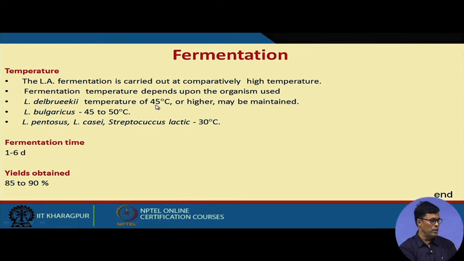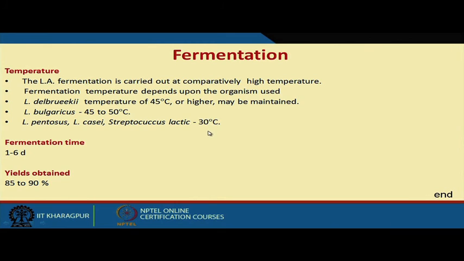Lactobacillus delbrueckii requires a temperature of 45 degrees centigrade or higher, and Lactobacillus bulgaricus a little bit higher, 45 to 50 degrees. Lactobacillus casei, Lactobacillus pentosus and Streptococcus lactis require relatively low temperature, and so we favor this temperature for our homemade curd production.